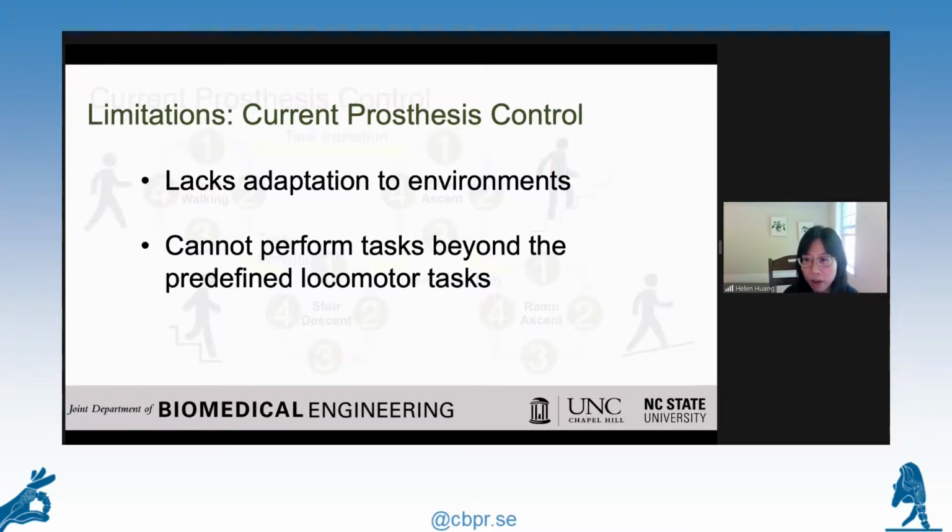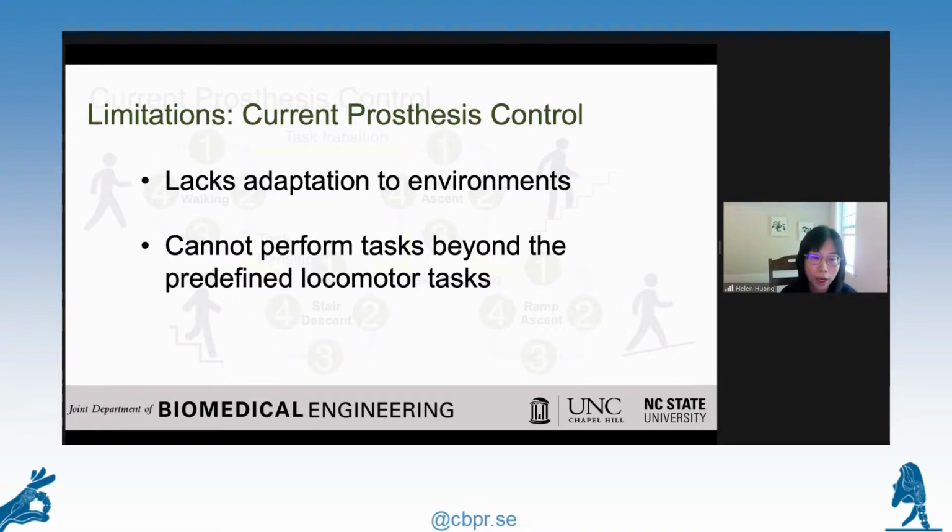The limitations of this control are, first, a lack of adaptation to the environment. Clearly, if the person wants to change from level ground to stairs, there is really nothing currently in a prototype, or I would say a commercial device, that does that. Usually they use some manual tuning or adjustment approach, like using certain body motions or maybe just a key fob.